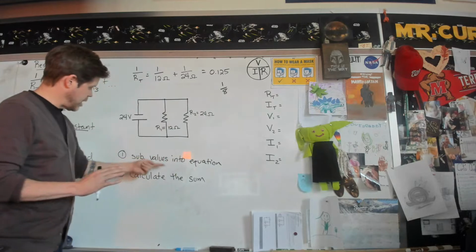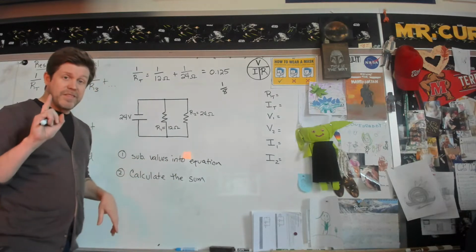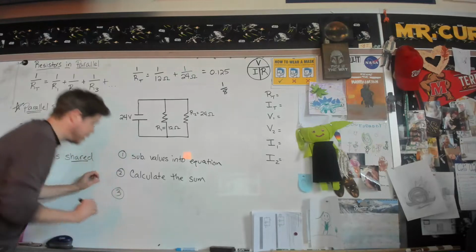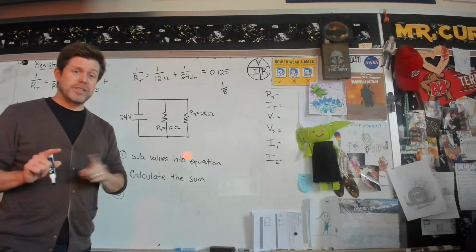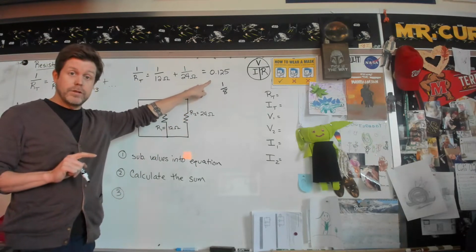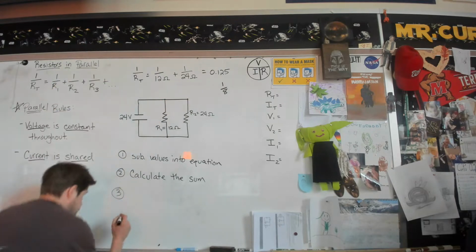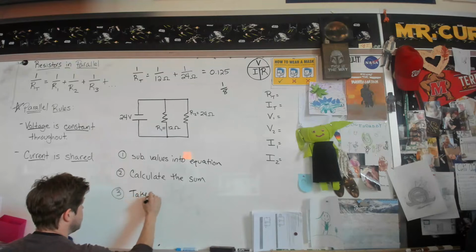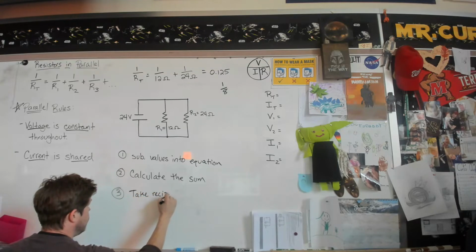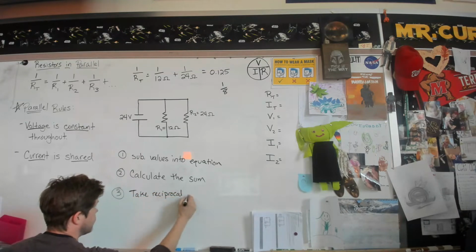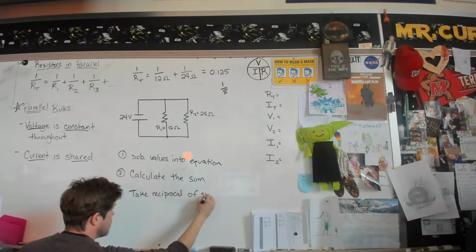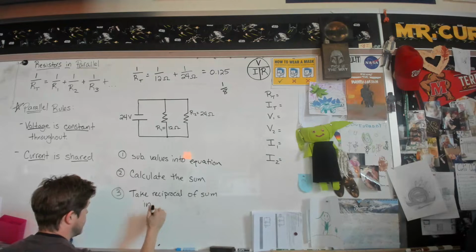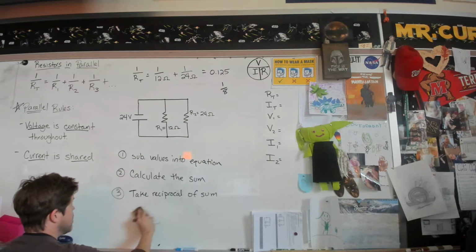So sub them in, calculate the sum, and the final step, step 3, is you need to take the reciprocal of the answer you got here. Take the reciprocal of the sum from step 2.